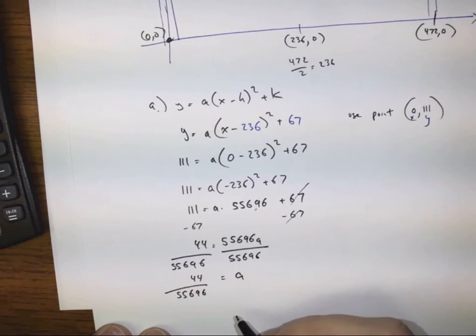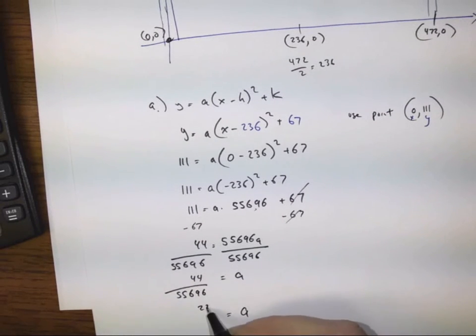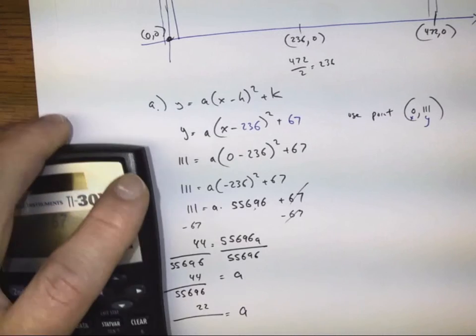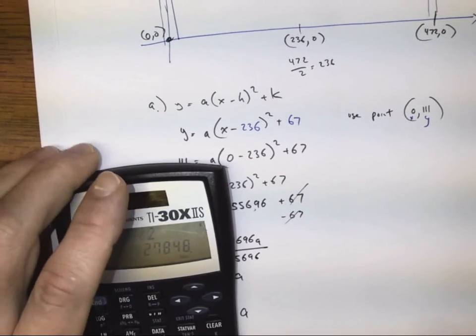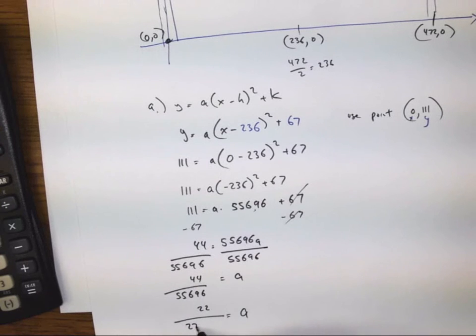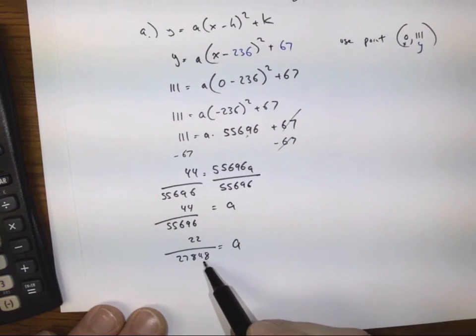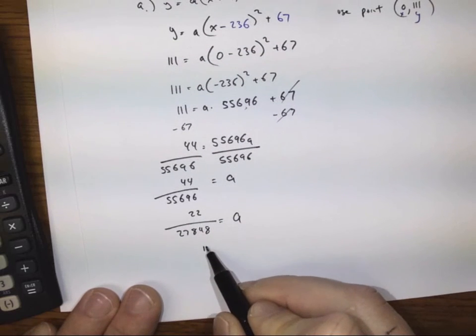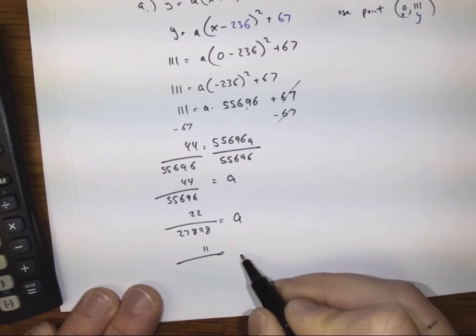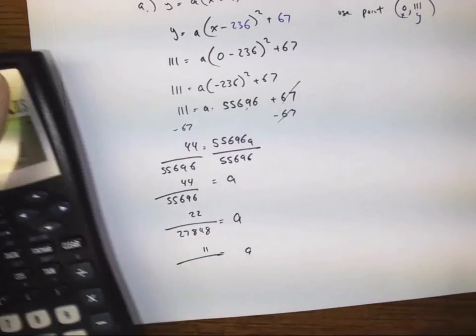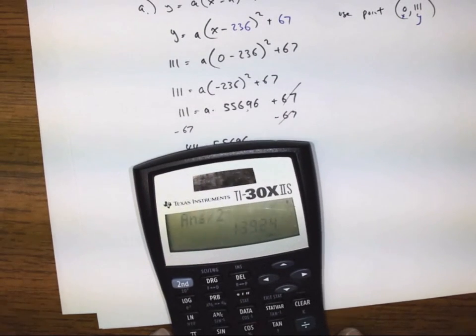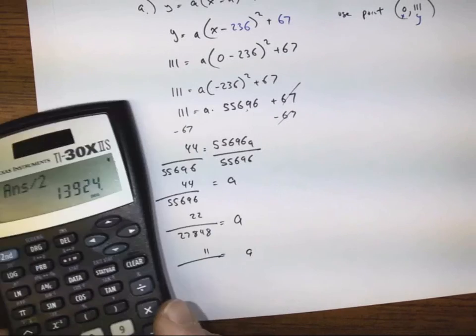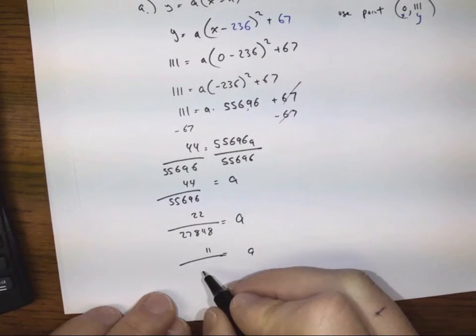They're both even, so I can divide them both by 2 at least. So I can say it's 22 over, what is 55,696 divided by 2 anyway? Oh, it's also even, so it's 27,848. And those are both still even, so I can divide them both by 2 again. So I can get 11 on the top, and that number divided by 2 is 13,924.